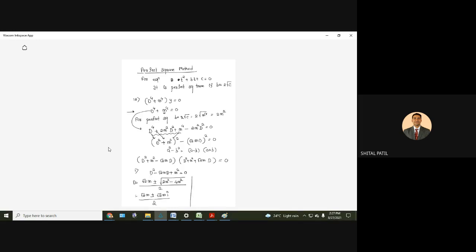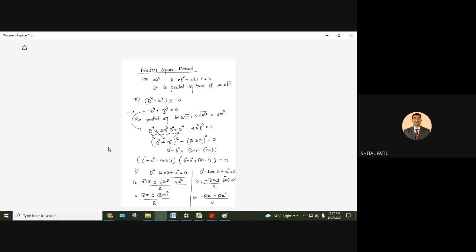Same is here also, only one change is there. For the second equation, d square plus root 2md plus m square equal to 0, only one change is there, minus root 2m. The remaining things are the same. 2m square minus 4m square divided by 2.